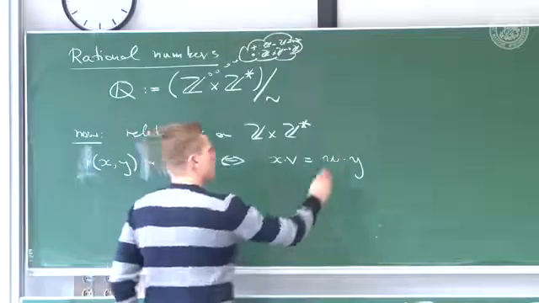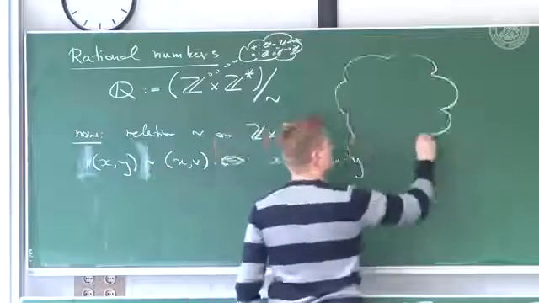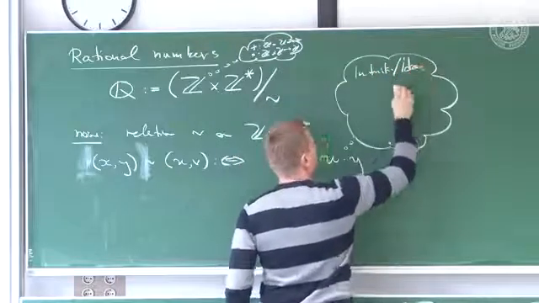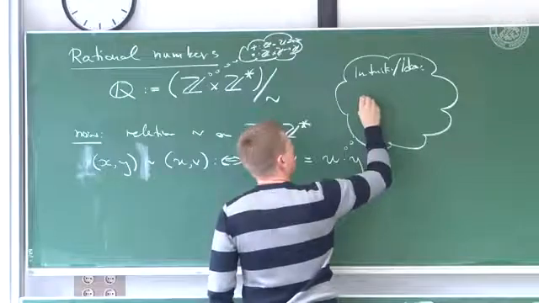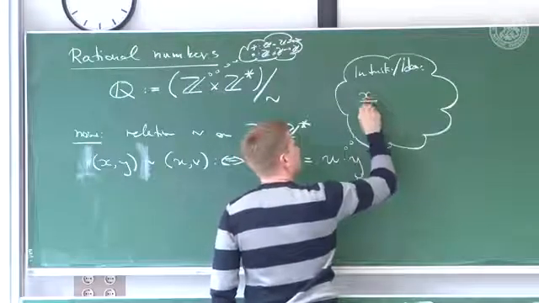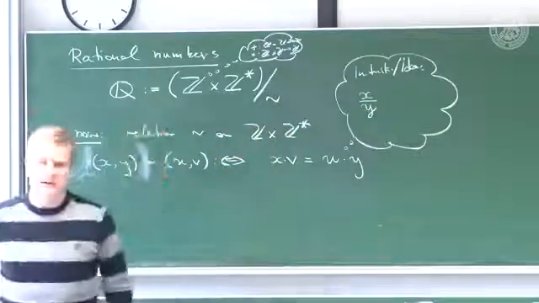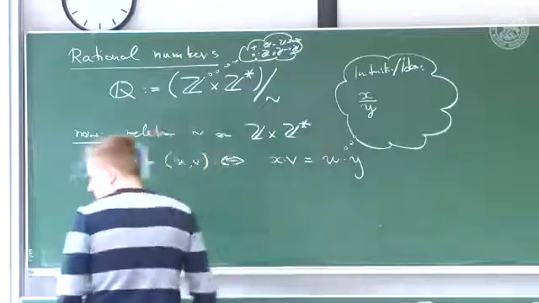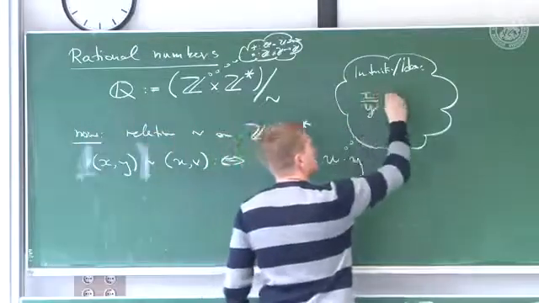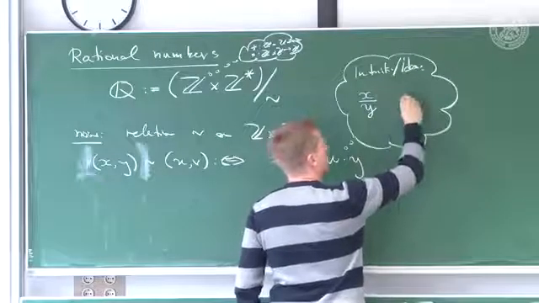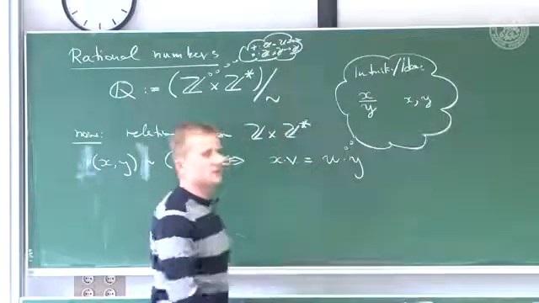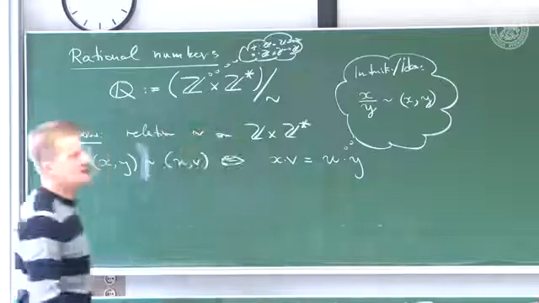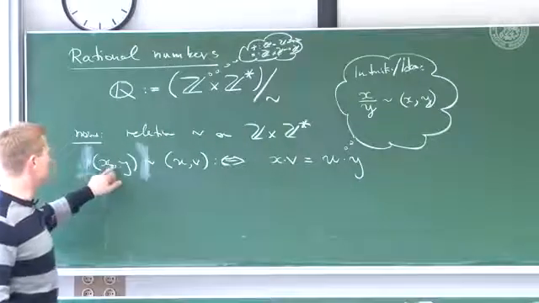And the idea behind this, again, that's the intuition, is that of course if in elementary school we write x over y, this fraction thing here morphs into a comma, and the x and the y stand on the left and the right of the comma, and we would like to identify the fraction with this pair. So this is numerator, denominator.